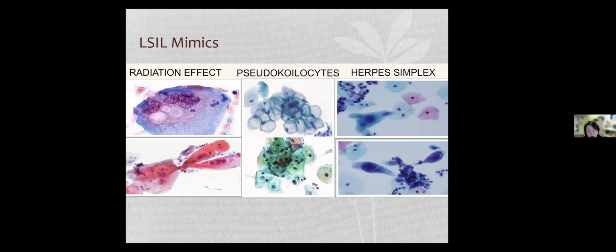The middle picture in the first line is a pseudokoilocytic change. And herpes on the right upper corner, that's herpes simplex, can mimic LSIL. The lower line just adds to each category.